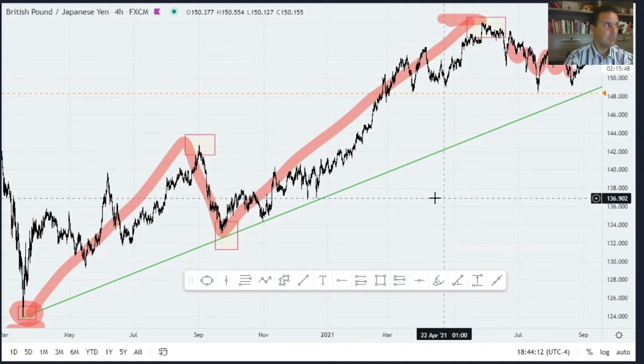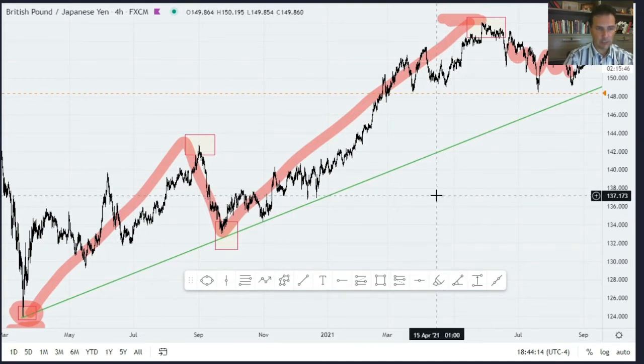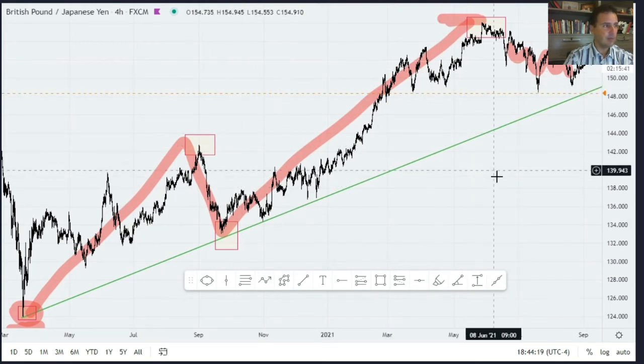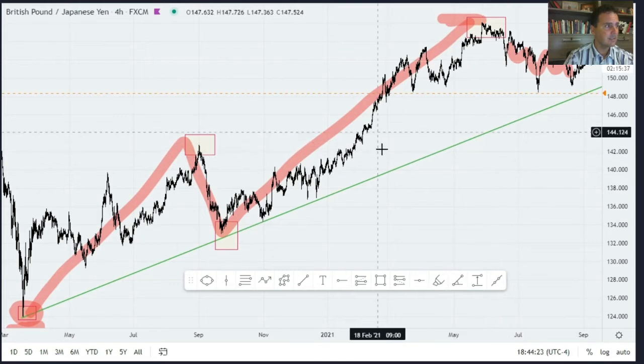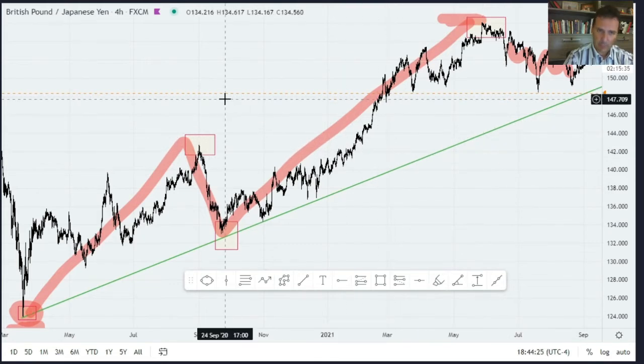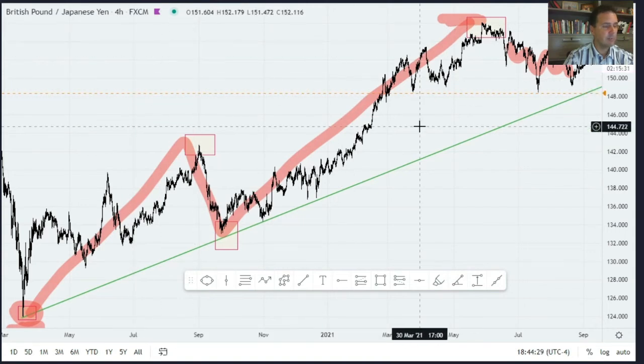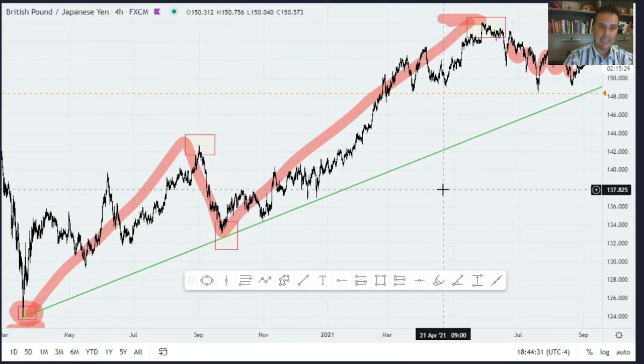Long-term GBP JPY, and we had USD JPY a few days ago. Long-term GBP JPY on the 4-hour chart. Don't mix apples with bananas. We're talking about the 4-hour chart. Long-term, the 4-hour chart, GBP JPY, is still in an uptrend.